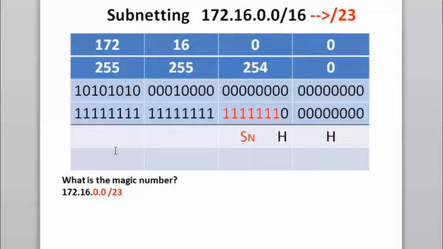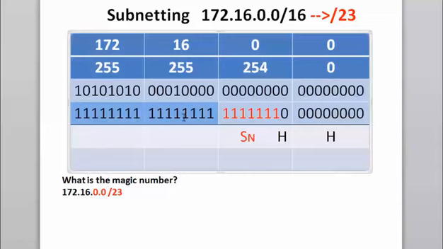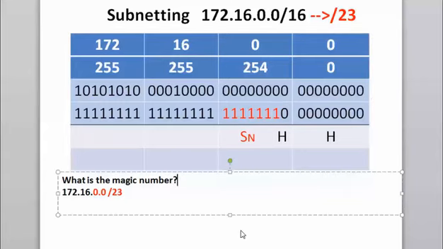In other words, I've taken the original 16 network bits and borrowed 1, 2, 3, 4, 5, 6, 7 ones from the host portion of the subnet mask. In this situation, the last borrowed one is in the 2's place. So the magic number in this situation is 2. This means that the subnets will go up by 2 in this octet here.